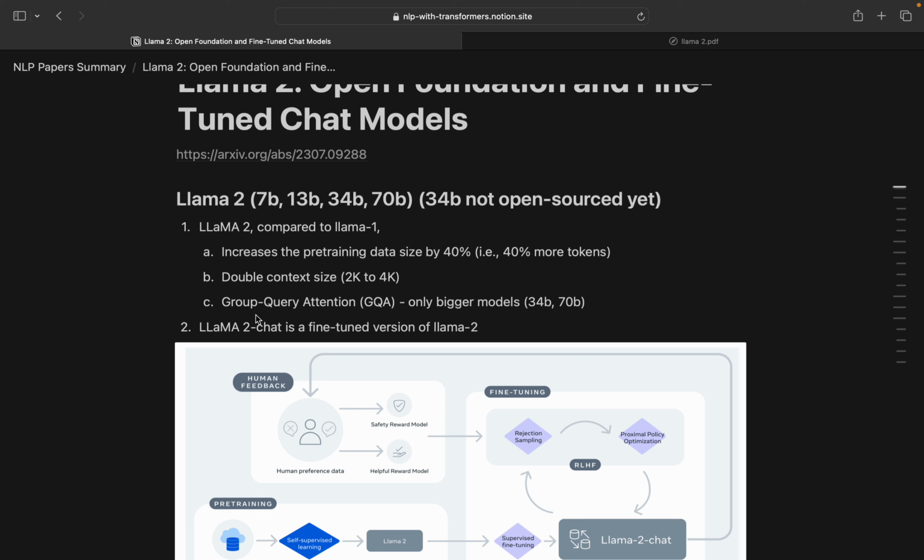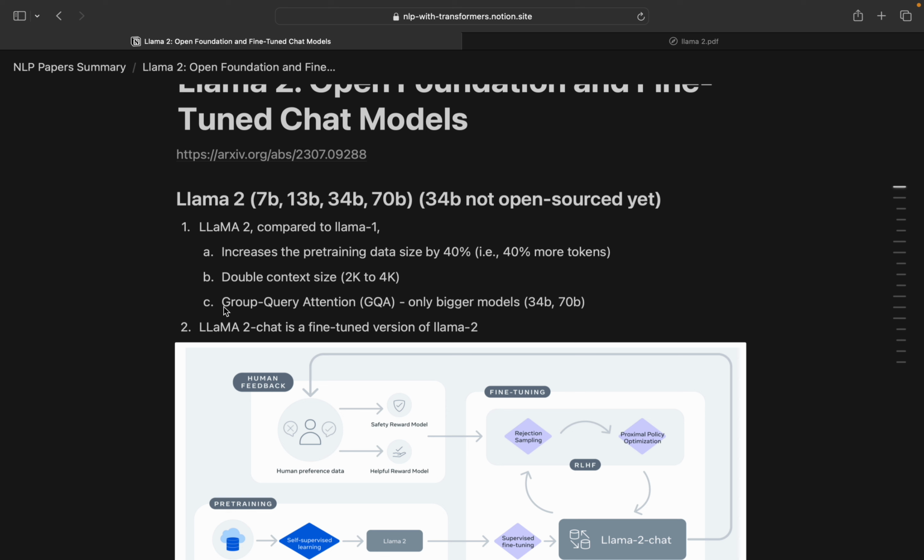They have also implemented GQA, that is grouped query attention, but only for the bigger models. In case you are not aware of what GQA, MQA or MHA is, I have made multiple videos on this. Please give it a try. In short, GQA is a balance between MHA and MQA.